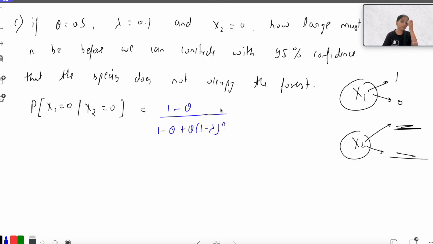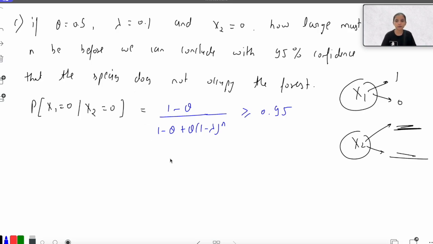And we are saying with 95% confidence that if my probability of this thing is greater than 0.95, then we can say the forest will not be having any species. So we just need to substitute the value and calculate this equation for the value of n, right?